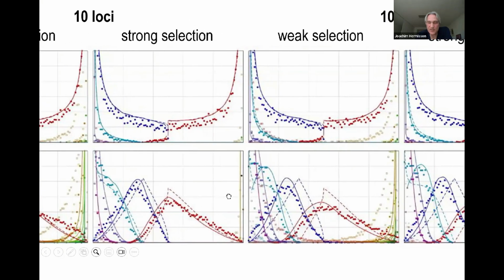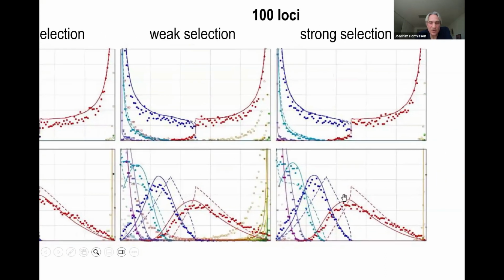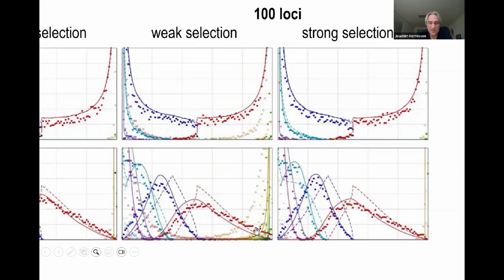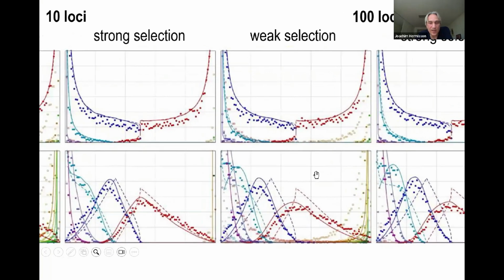And this is the same thing for 100 loci. Also there we have some deleterious alleles that still hang around.